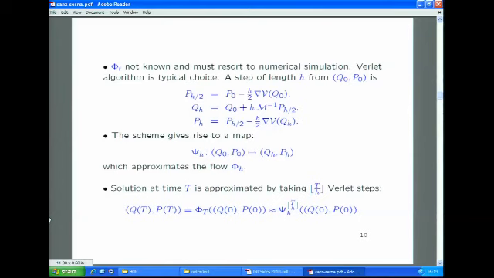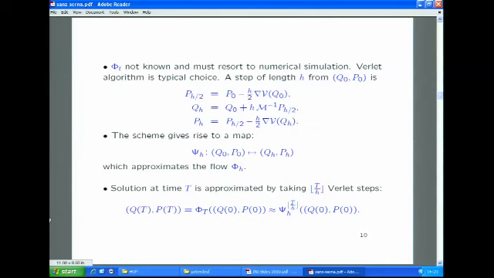We can obtain it approximately, by a numerical simulation. The method of choice is the Verlet algorithm, but there are more sophisticated methods, and I think maybe Andrew will be saying something along those lines later on.